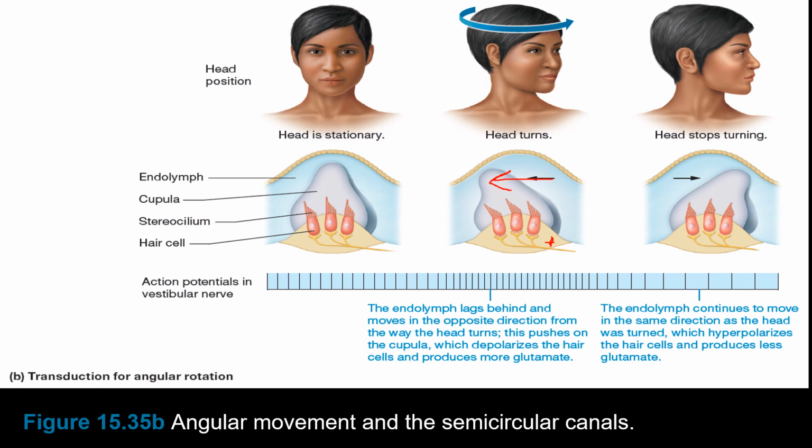And then let's say the head stops turning. Well, that fluid is still going to be moving, and so it's going to be pushing the cupula in the opposite direction. It's going to push the stereocilia away from the kinocilium, and so now these hair cells are hyperpolarized, and so they're releasing less glutamate, meaning less action potentials are produced.